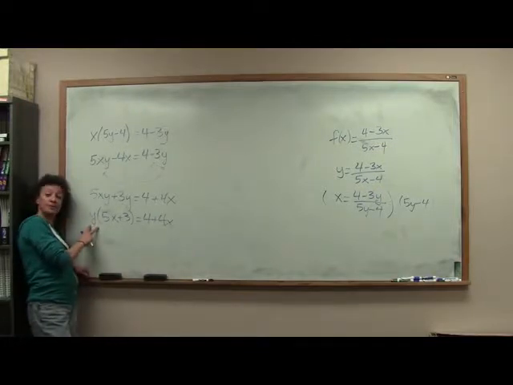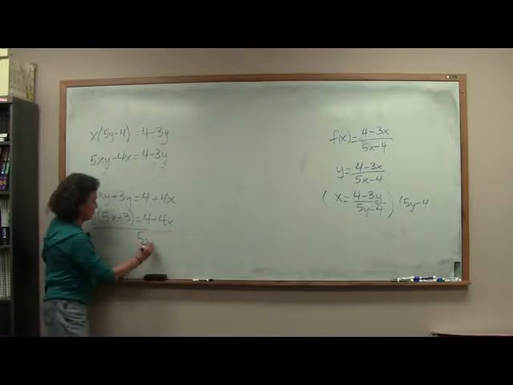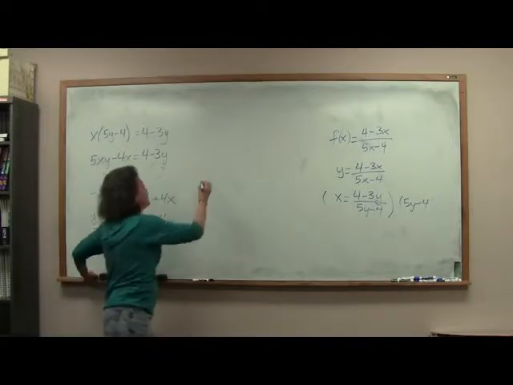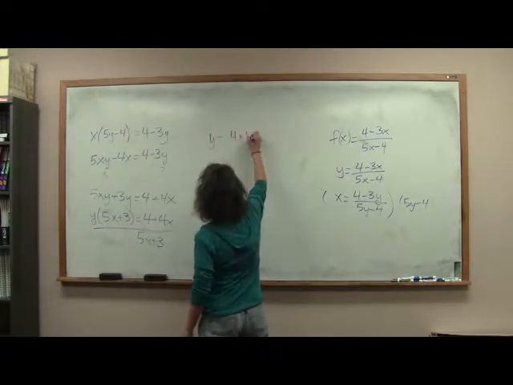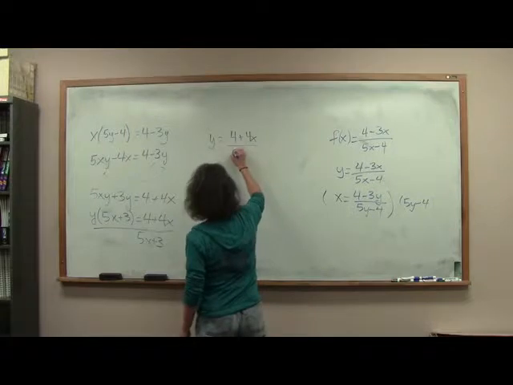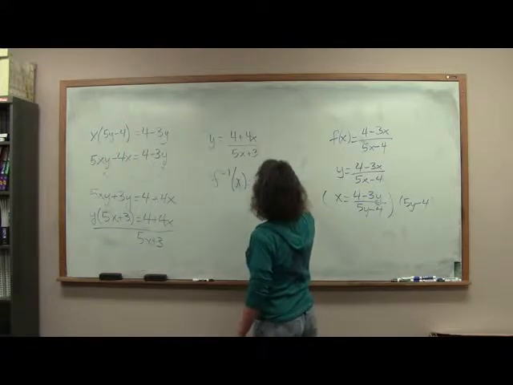We're almost there. We have y times this mess. How do you get rid of this mess? Divide. So I claim we will then have y equal to 4 plus 4x over 5x plus 3. And that is our inverse.